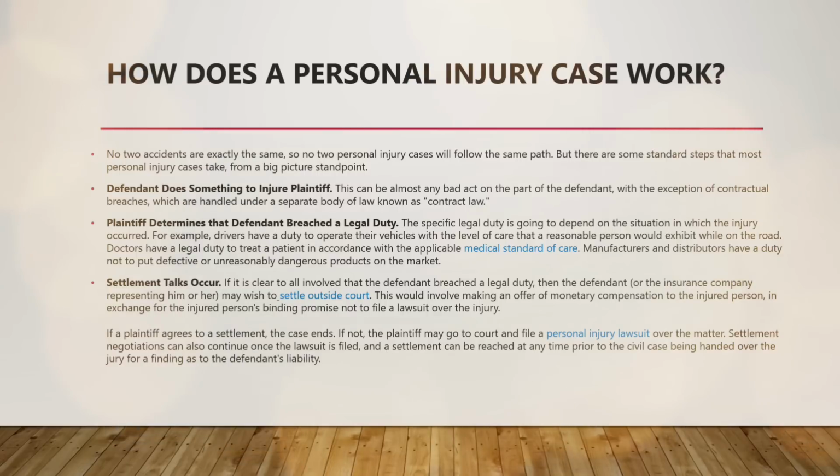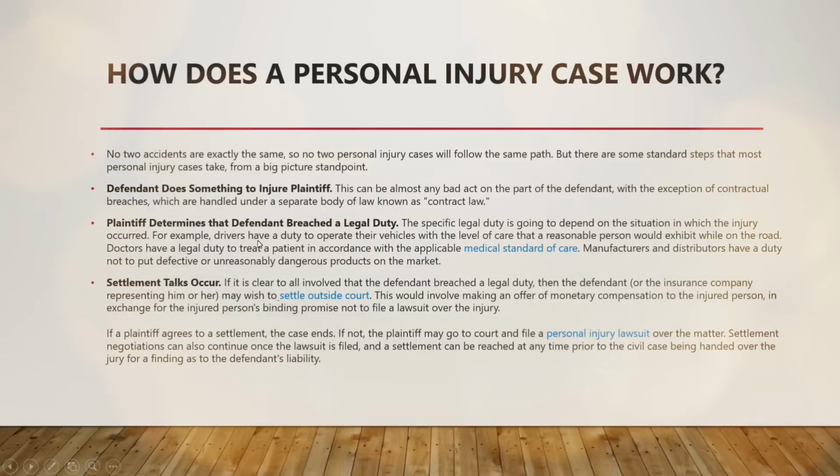Settlement talks occur if it is clear to all involved that the defendant breached a legal duty. Then the defendant or the insurance company representing him or her may wish to settle outside court. This would involve making an offer of monetary compensation to the injured person in exchange for the injured person's binding promise not to file a lawsuit over the injury.